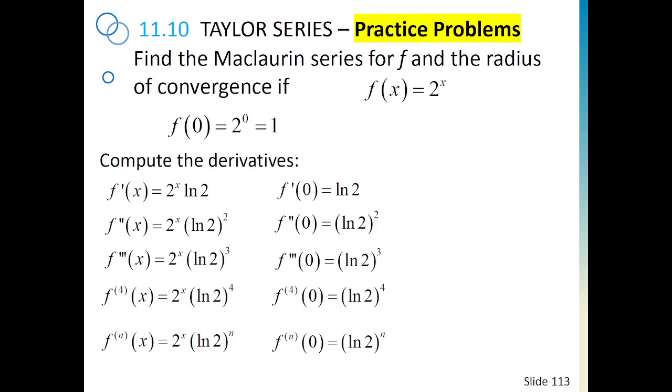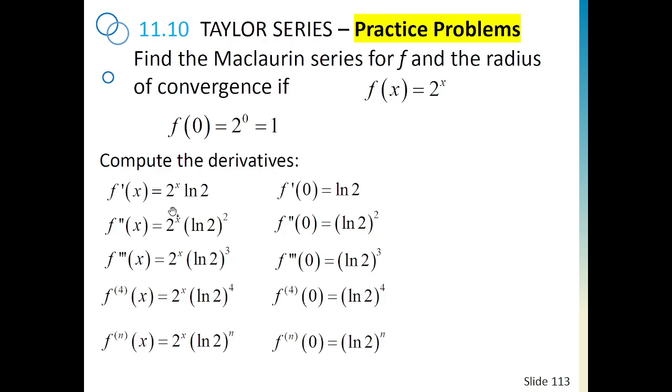Now this one is a little bit funny, because the function is 2 to power x. So we need the Maclaurin series, so Taylor series centered at 0 for the function 2^x. So we need all the derivatives.